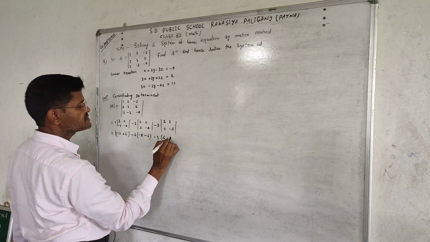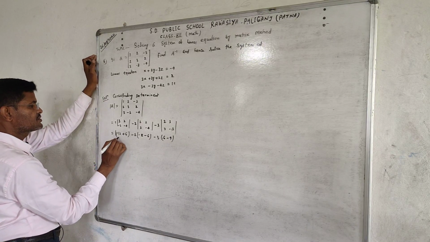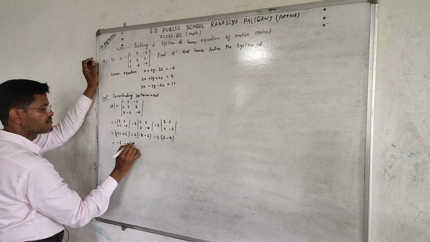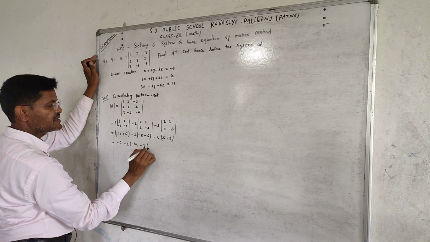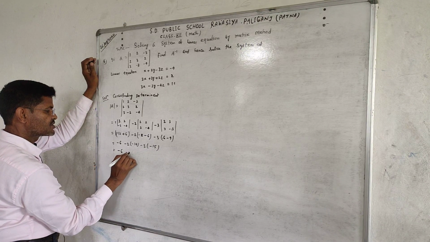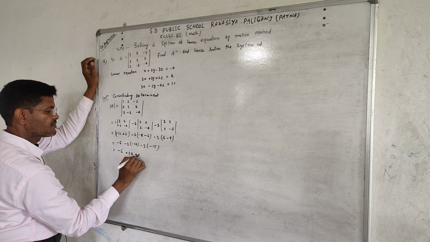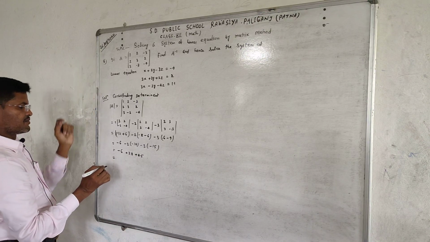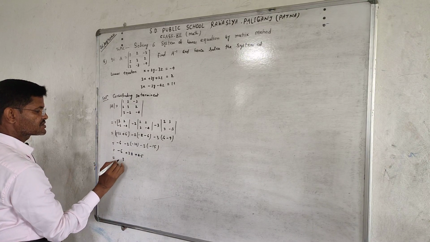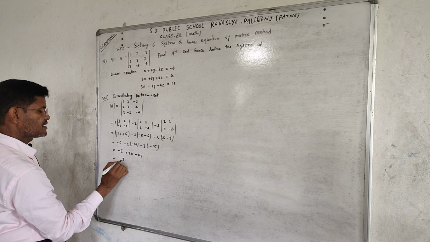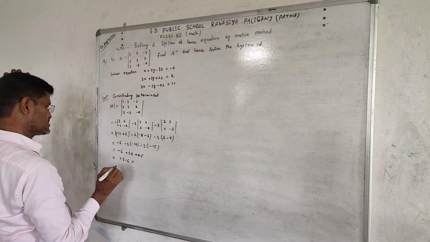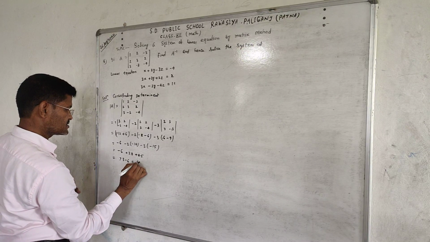It is equal to minus 12 plus 6, which is minus 6, and minus 2 into minus 14, minus 3 into minus 15. It is equal to minus 6 plus 28 plus 45, which is equal to 67.